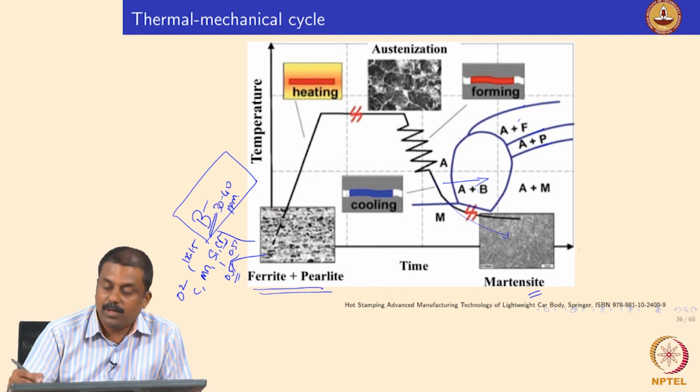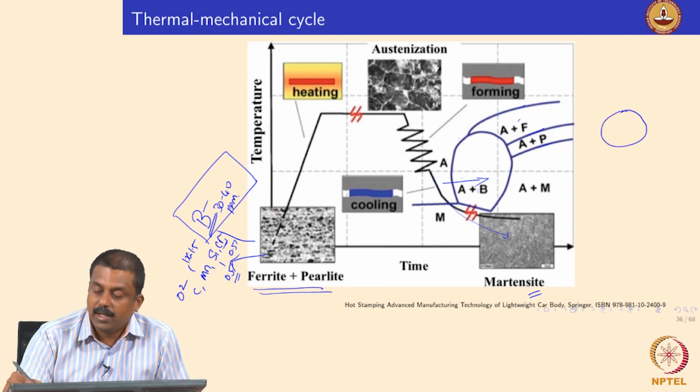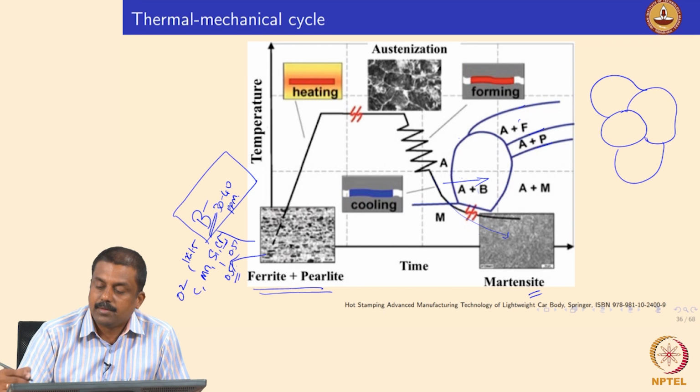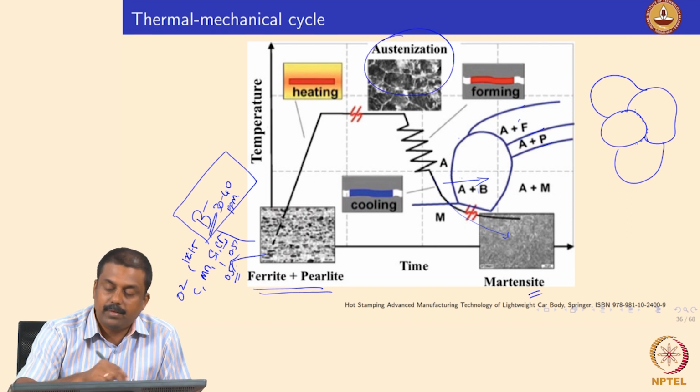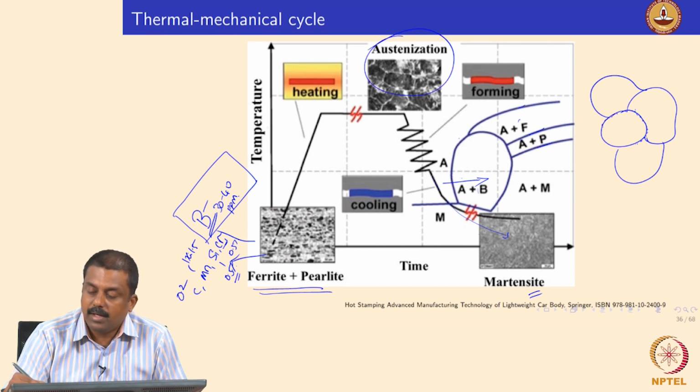How does it do this? When you add boron to austenite, boron readily segregates to the grain boundaries of austenite in this temperature range.